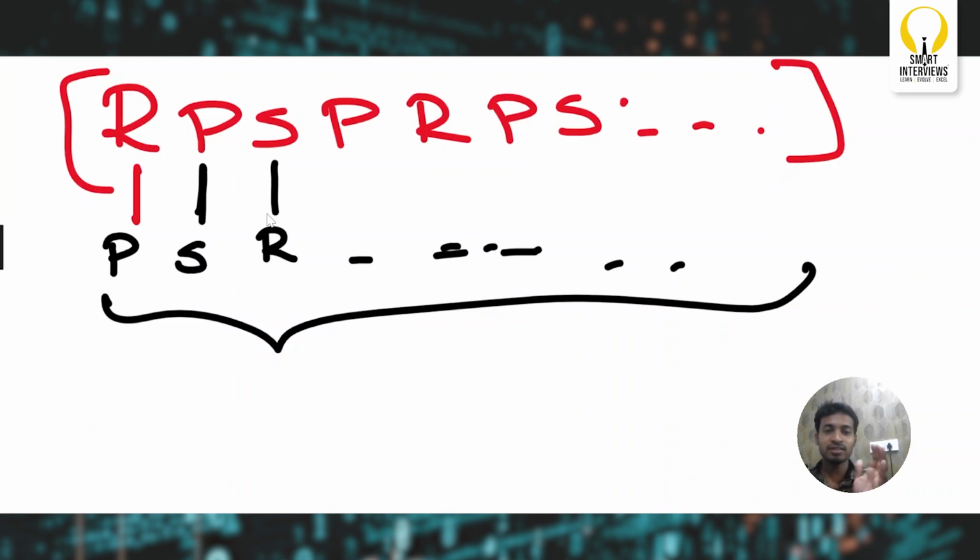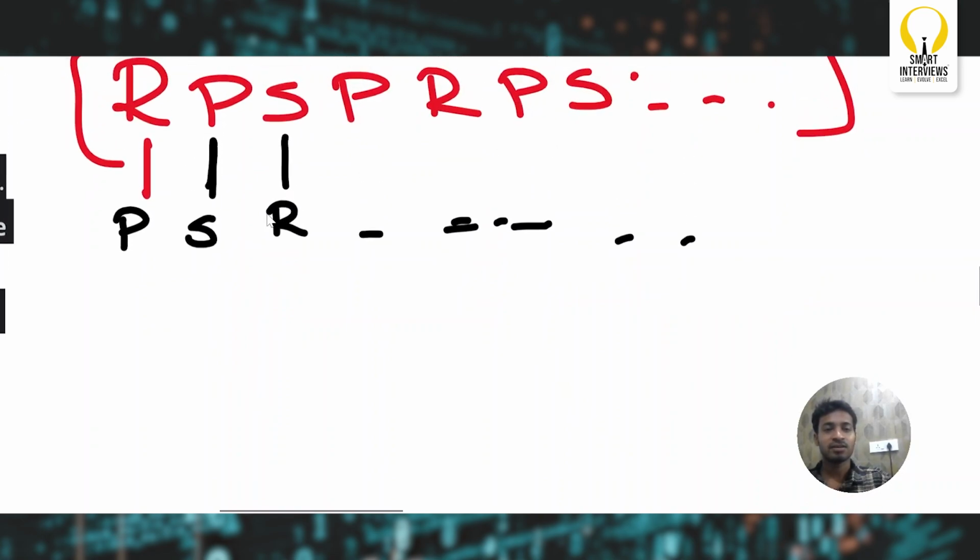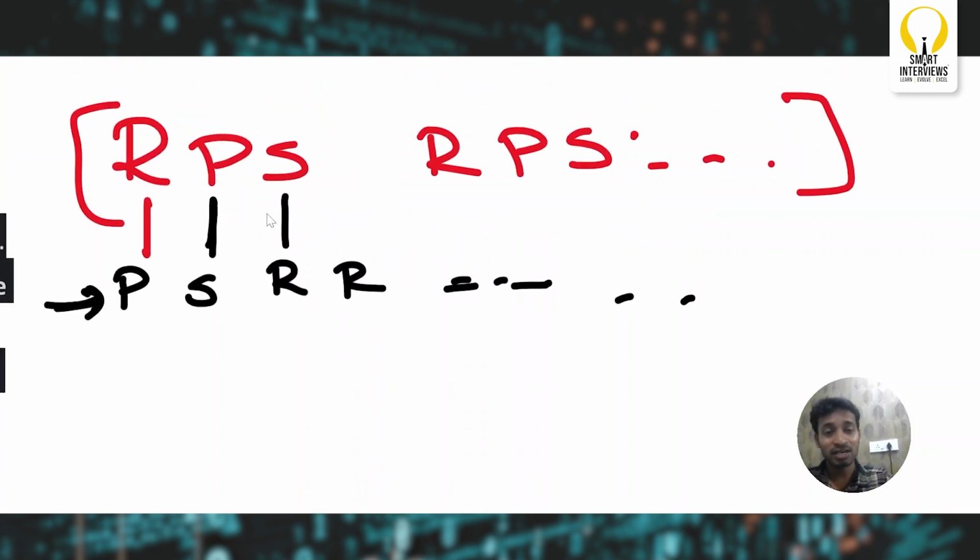So what is the main logic in this? The main logic that we need to figure out is, when will player 1 have to make two same choices? If player 2 has made two same choices adjacently.